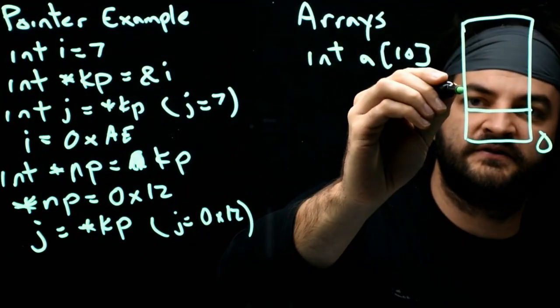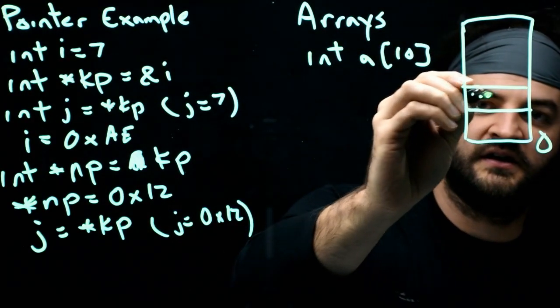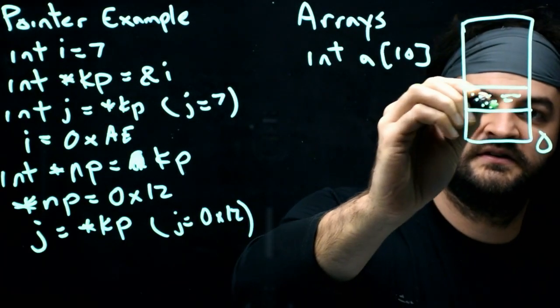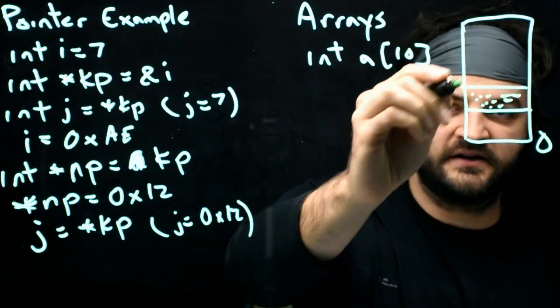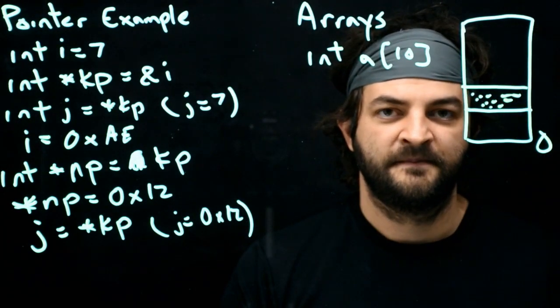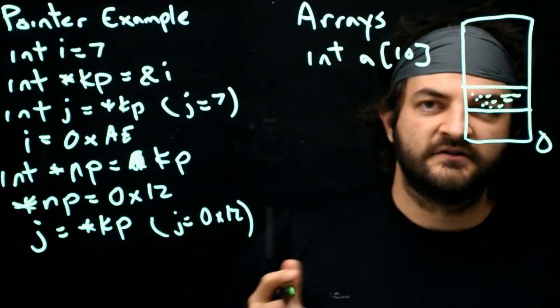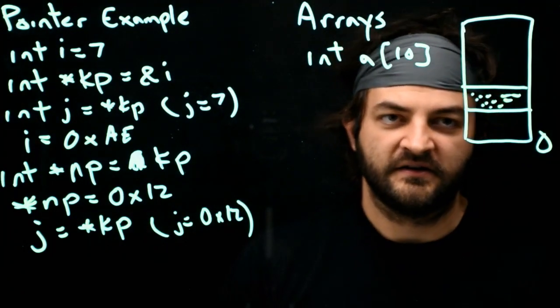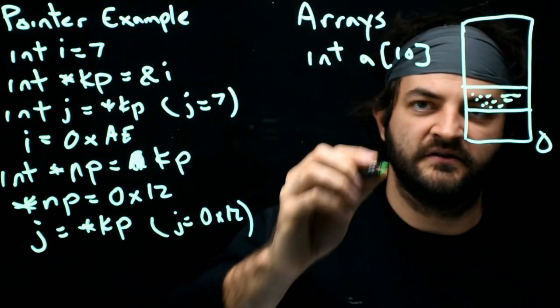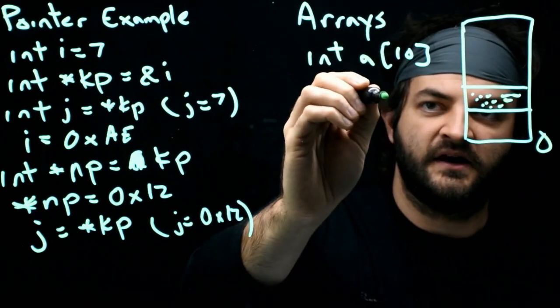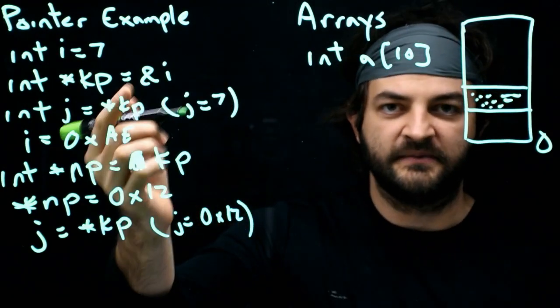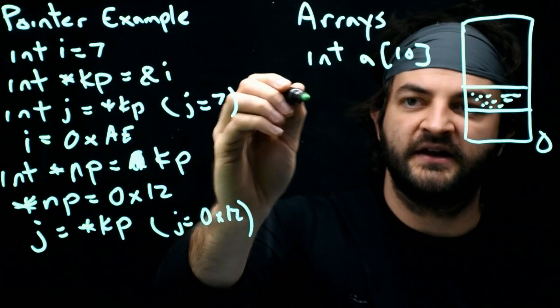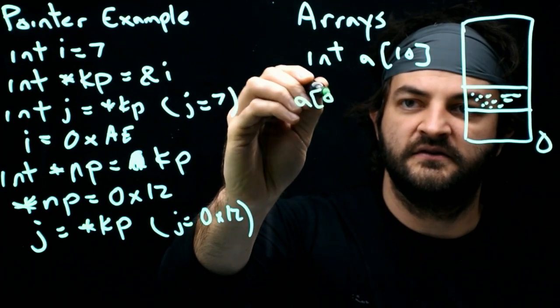So here's the first set of 4 bytes because we have an int. So this block is going to represent the first int inside of a, which has 10 of them. So how do we refer to the first element inside of this array? The first element is a of 0.